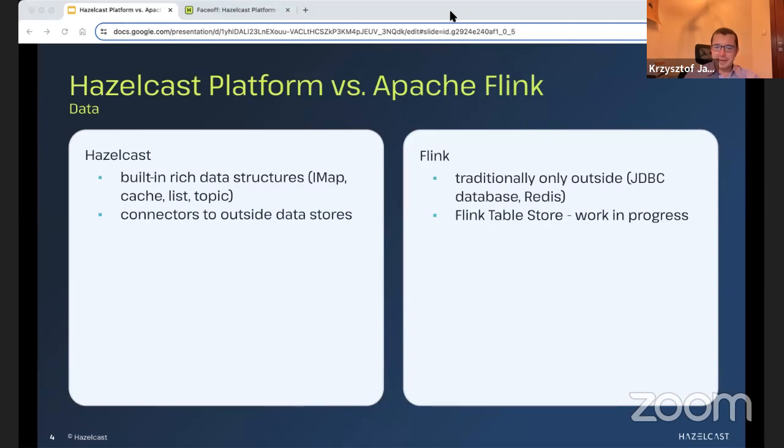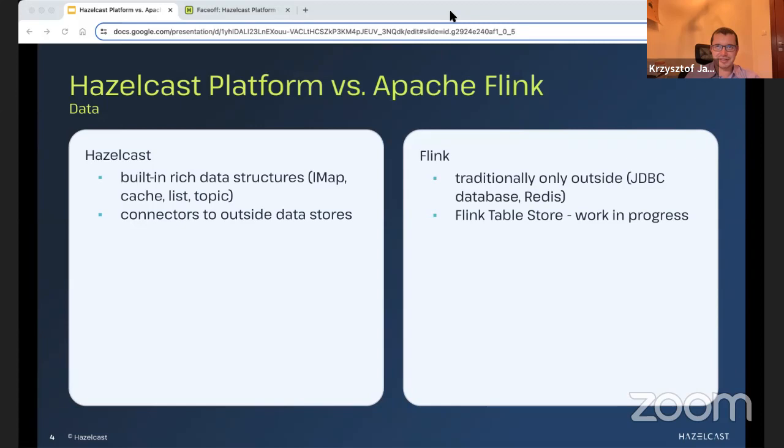You have a choice. In the case of Flink, traditionally, Flink focused on the processing itself, and the data was stored outside. So you had to use JDBC to connect to a database, Redis, or other ways of storing the data outside Flink, which increases the complexity.